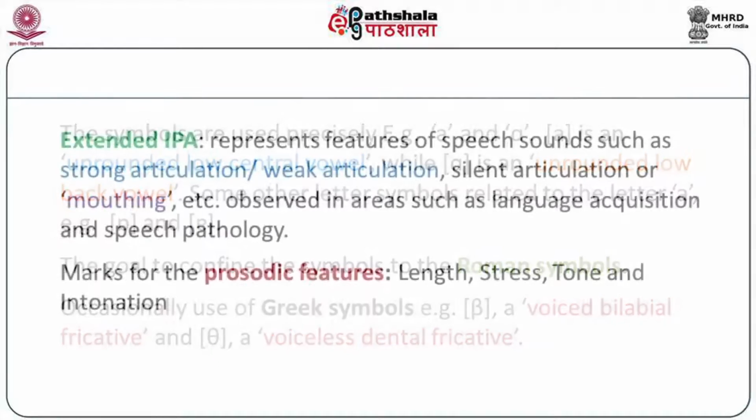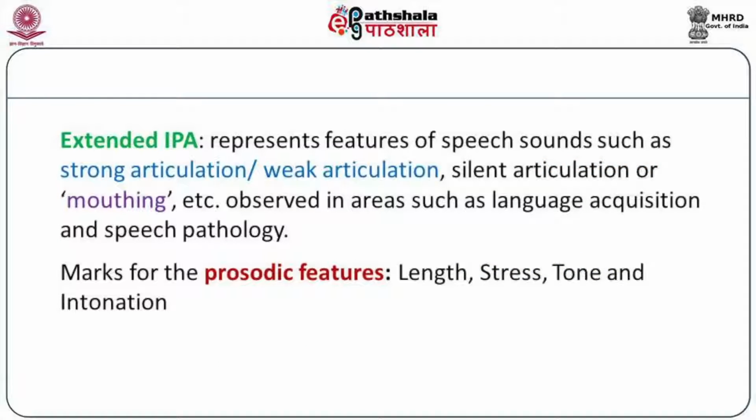Now, for strong and weak articulation, silent articulation, mouthing, some of these features which are discussed in psycholinguistics and neurolinguistics, for some of them the IPA has an extended IPA section.